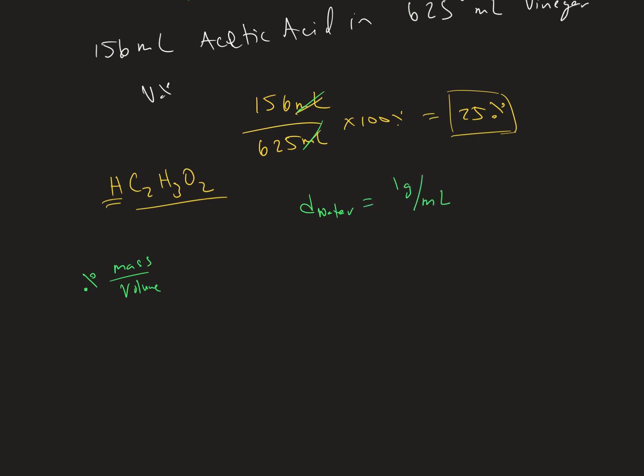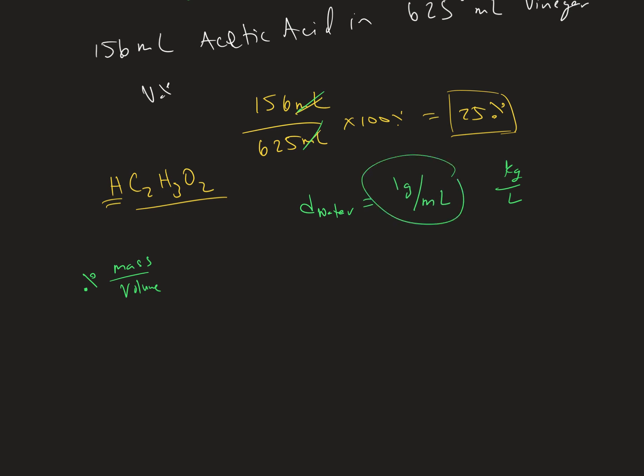If we use mass to volume percent, we have to use grams of solute over milliliters of solution, or vice versa, right? Has to be these units. Well, I guess it could be kilogram over liter, because that's just converted, right?